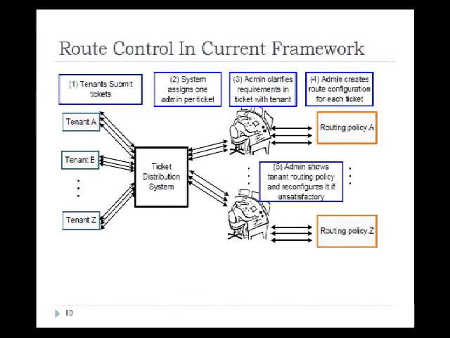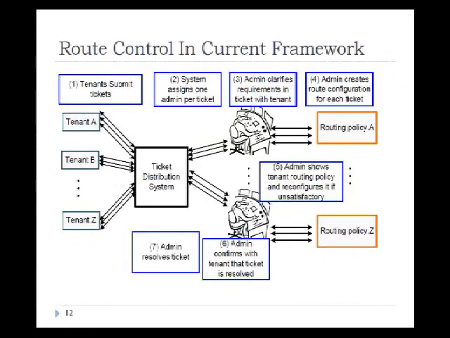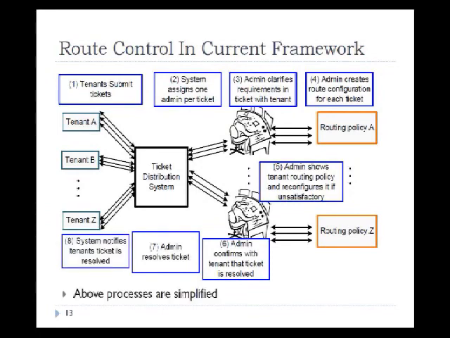And again, the admin will show the tenant the routing policy to make sure that it satisfies the requirement in the ticket, which will also likely be several rounds of discussion. Once the routing policy is confirmed with the tenant, the admin will resolve the ticket in the ticket distribution system. And finally, the tenant is notified that the ticket is resolved. The above process is simplified.